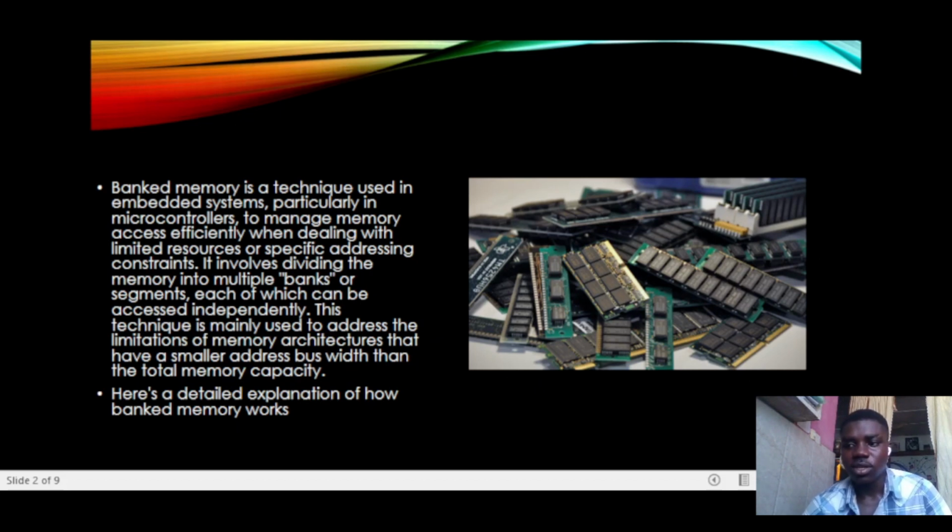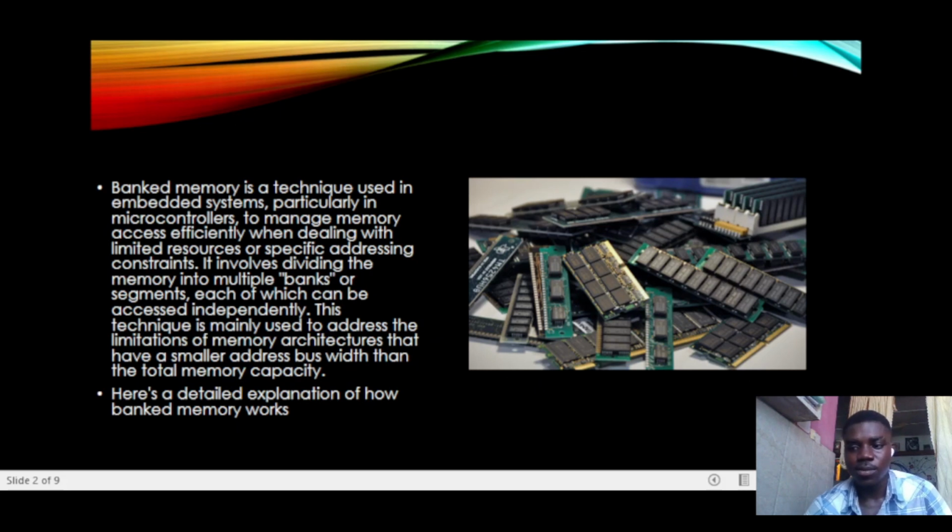So in more systems, the address bar is limited. Let's say the 16 and the 32, they can't really carry a lot of data. Even if they do, it will slow down the PC and everything will look sluggish. 64 is a bit better, but if you are someone who does a lot of heavy workload on your machine, it might also not be enough.